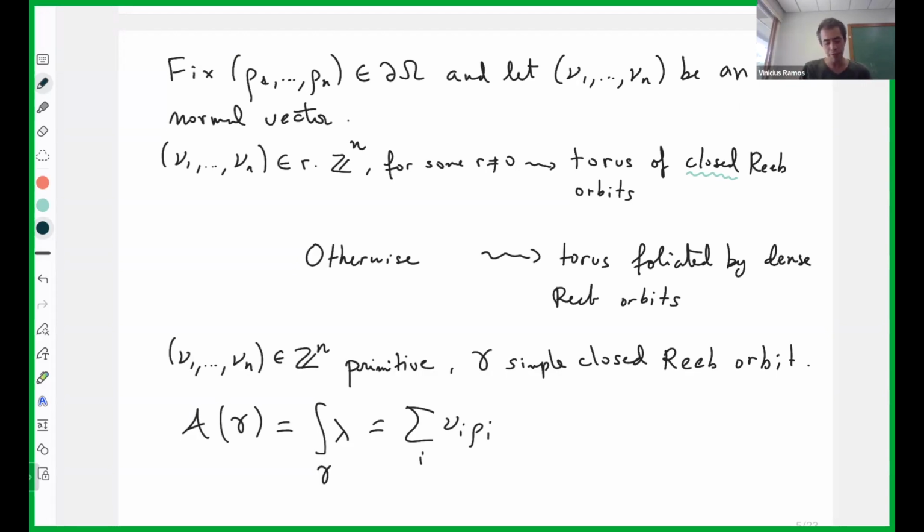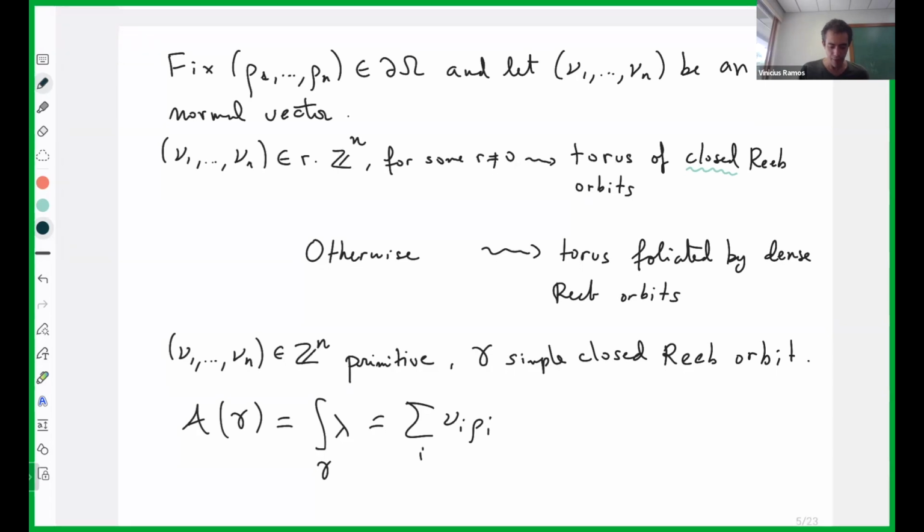Otherwise, if there exist two coordinates of the outer normal vector whose quotient is irrational, then the Reeb flow can't close up. Then we're going to have this torus foliated by dense Reeb orbits. Okay.